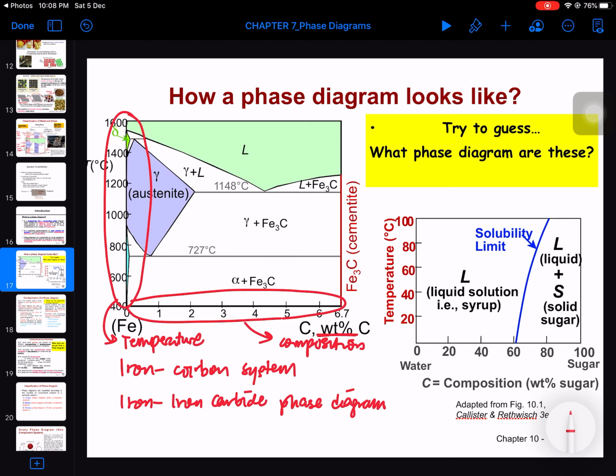Let's not worry too much about all the details on the phase diagram, but we'll come back to this later on as we advance into the chapter.